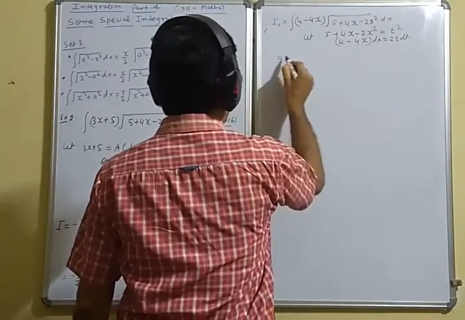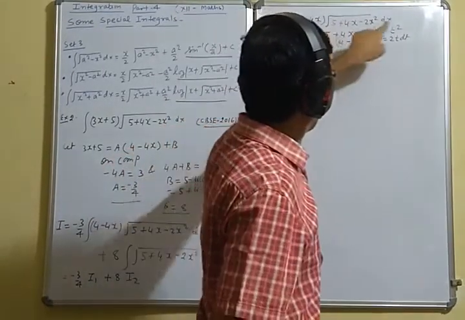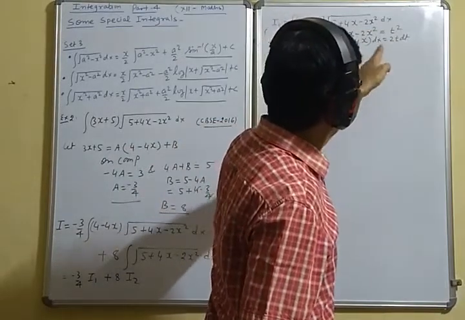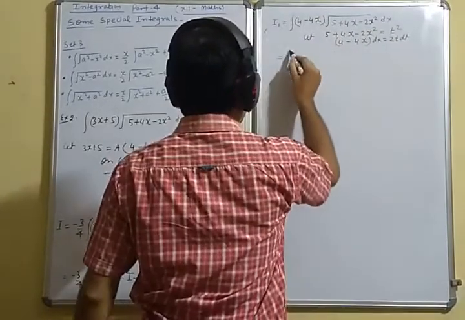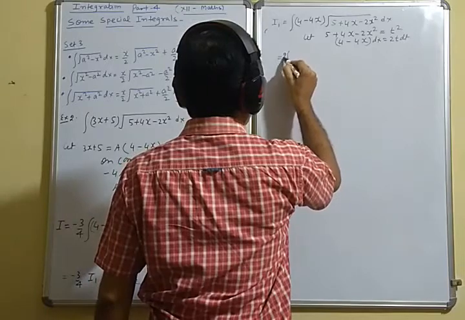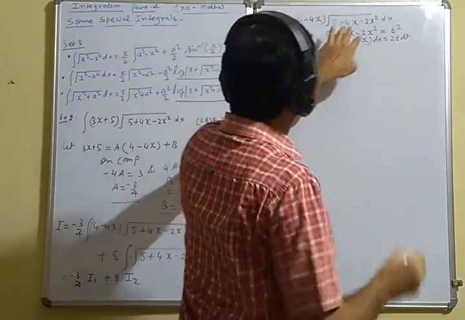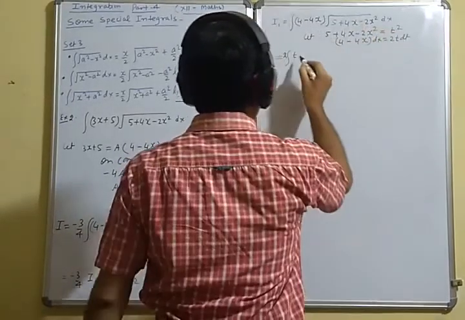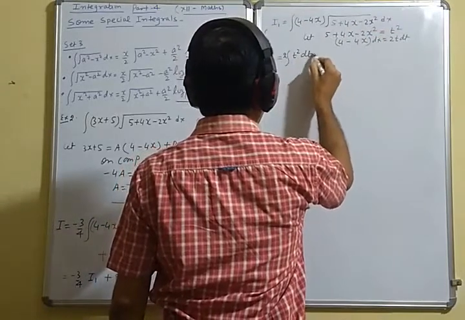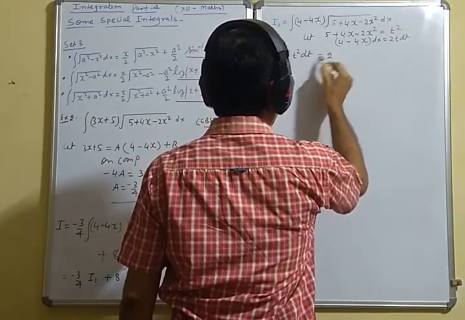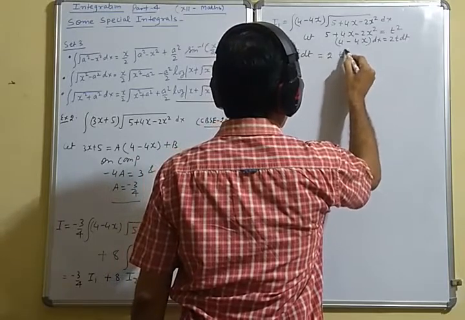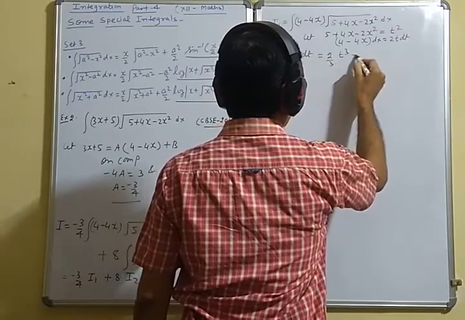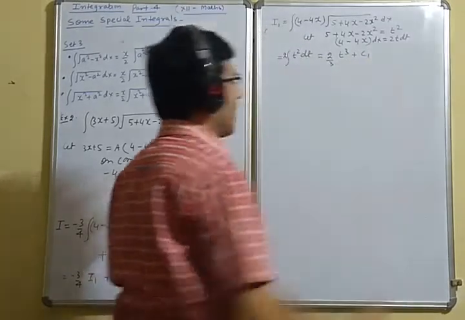So this integration becomes 4 minus 4x dx, that is 2t dt, and this is t. So 2t square dt. So that is 2t square integration, t cube by 3 plus any constant, let C1.